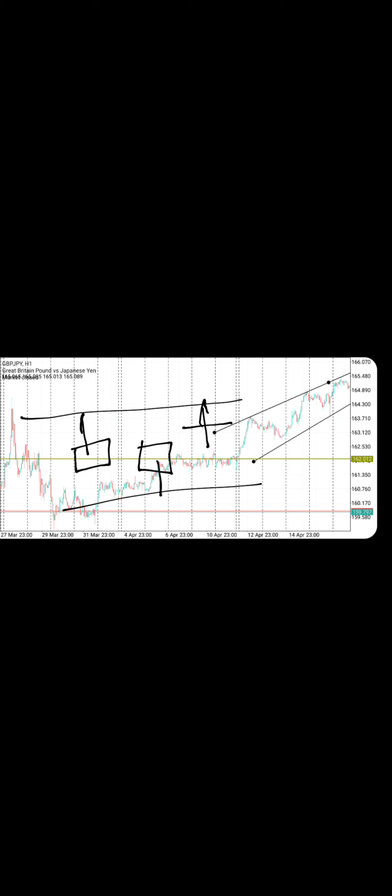Anytime you notice a pattern form with a long wick on the support and resistance, we call them rejection. It means that price reached that particular point and got rejected and went back. So that's why we call them rejection candles.